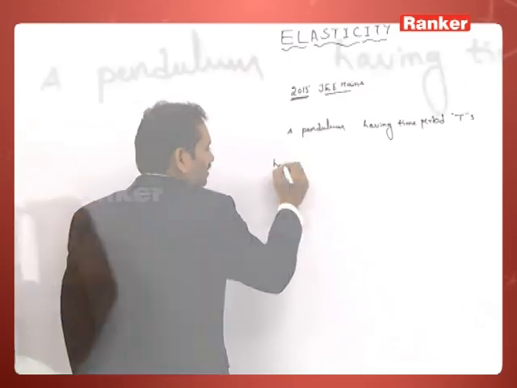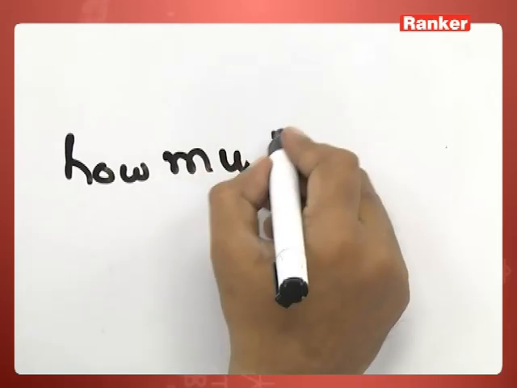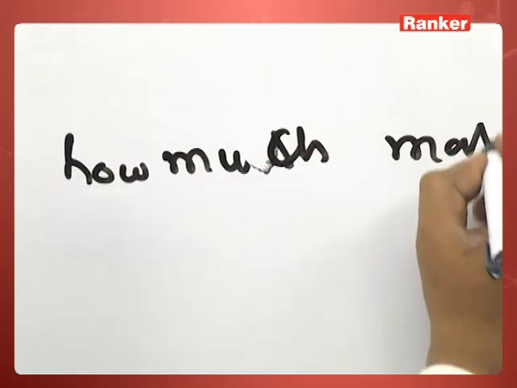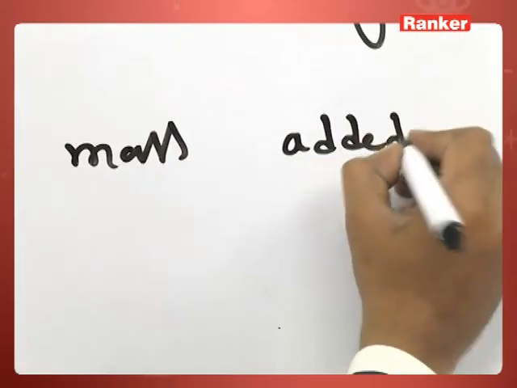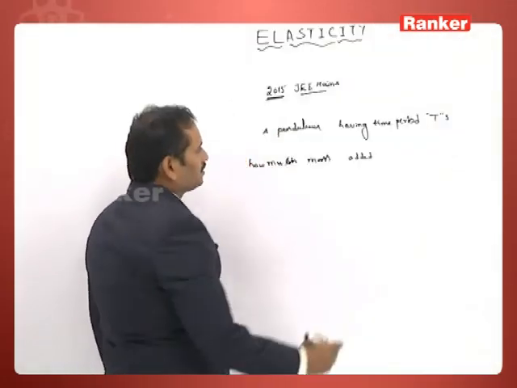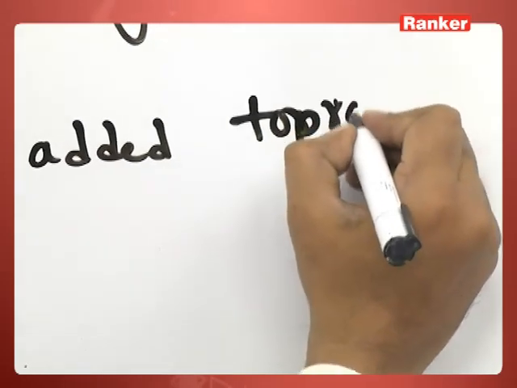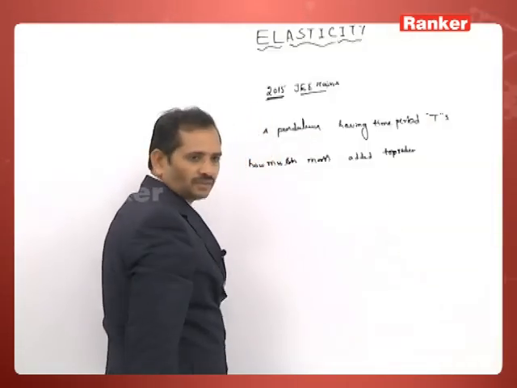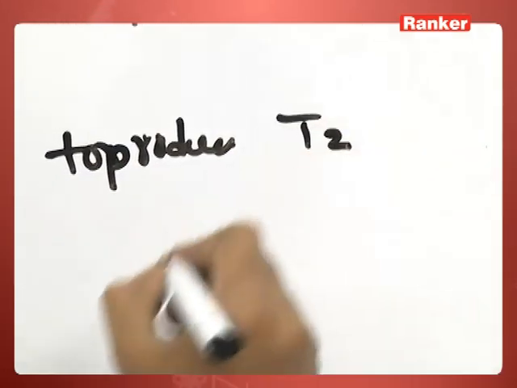How much mass is added to produce a new time period T2?